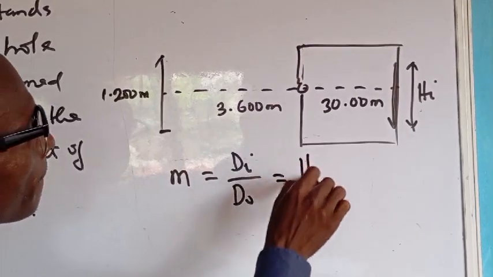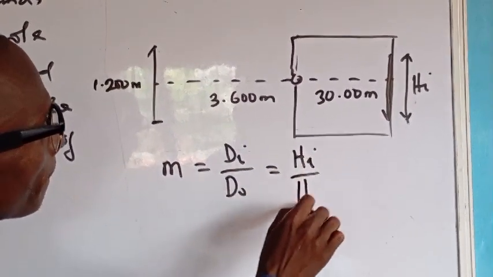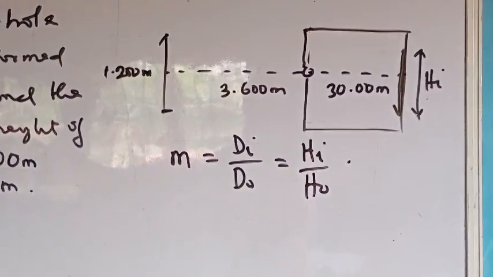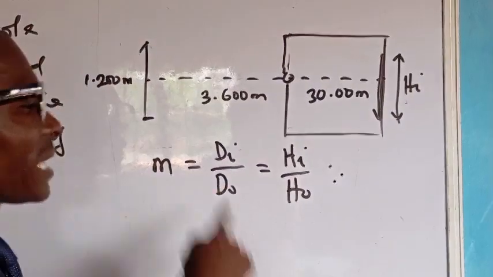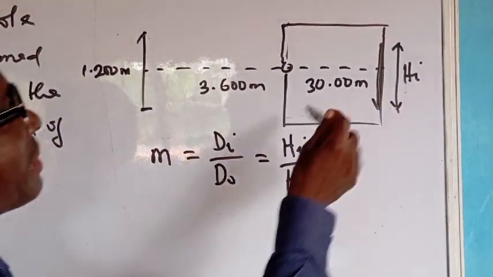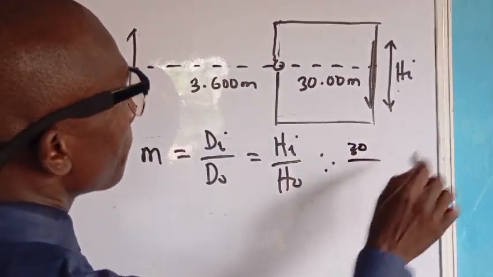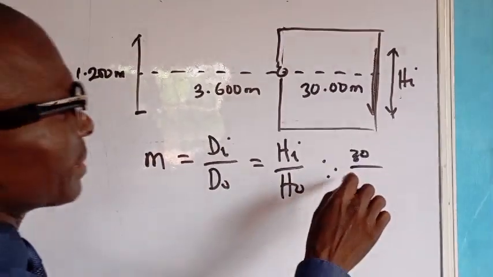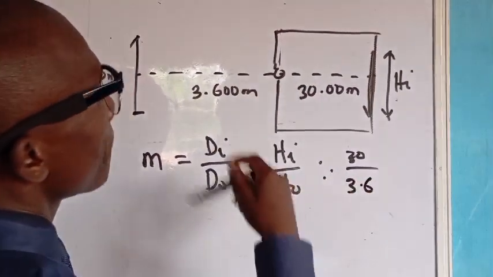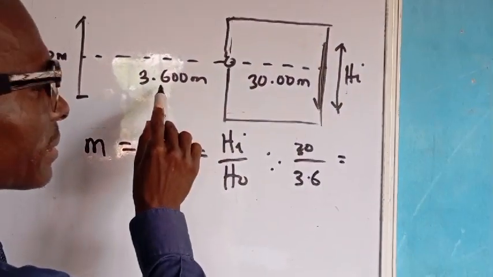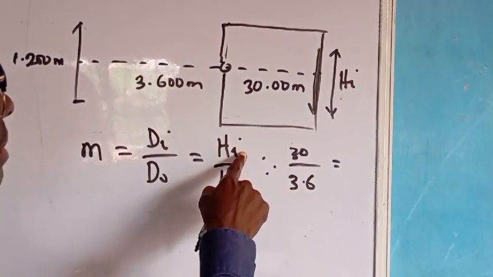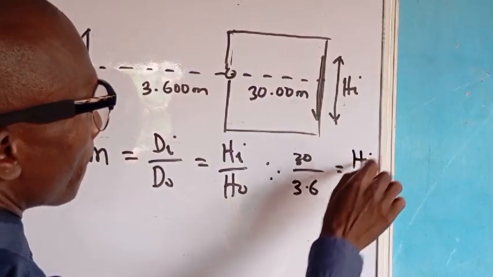This is the formula for magnification. In other words, therefore, we can say that image distance is 30. Object distance is 3.6. Now, image height is unknown.